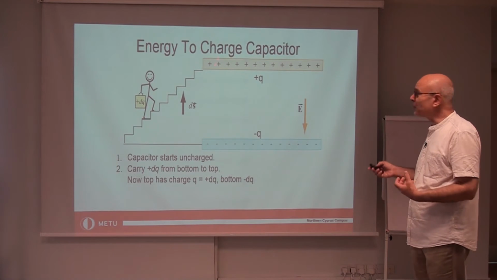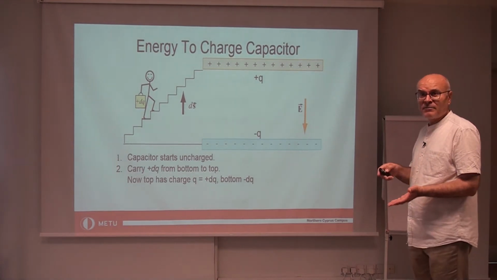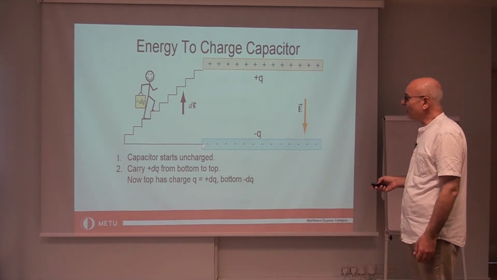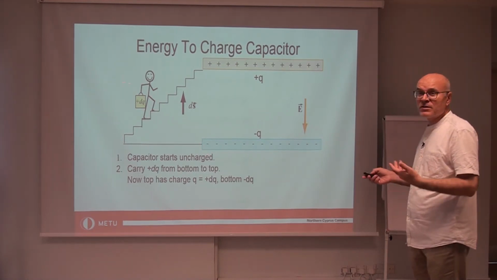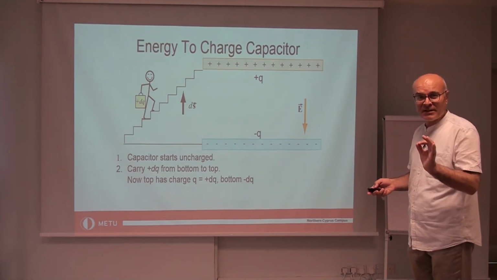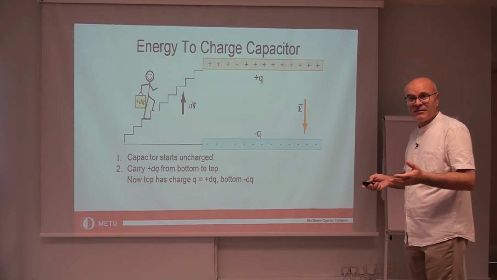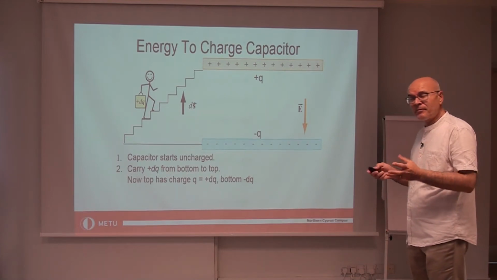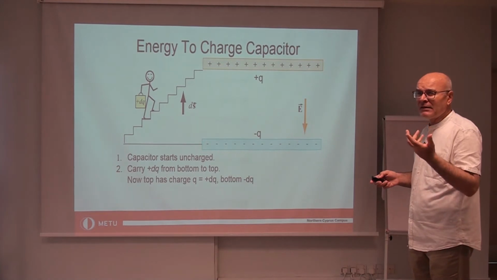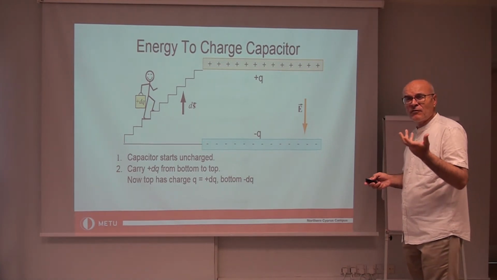First you start with two neutral plates. They are not charged, and you connect them to the battery. Then one of them will have negative charge appearing, the other will have positive charge appearing. Of course, this is not literally what's happening. Nobody carries these charges, but it gives you a feeling of what's going to happen.